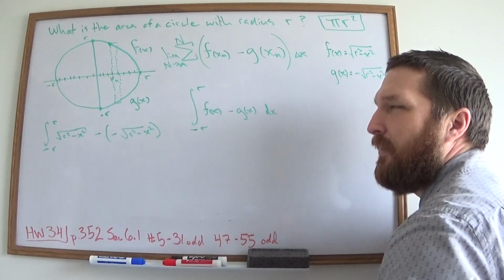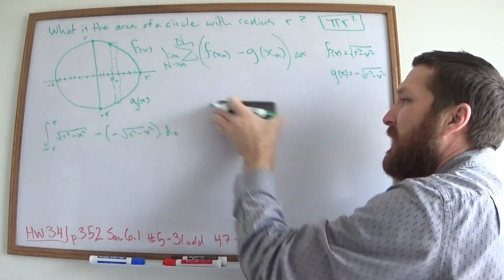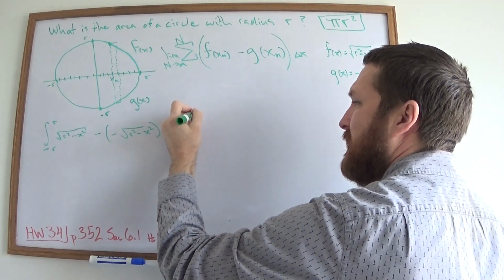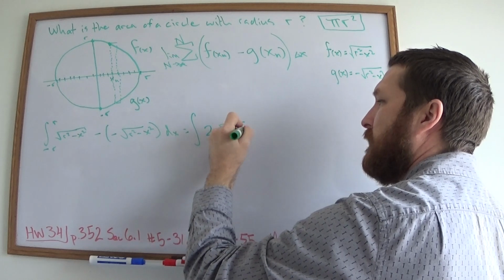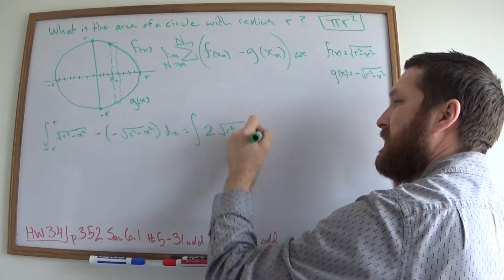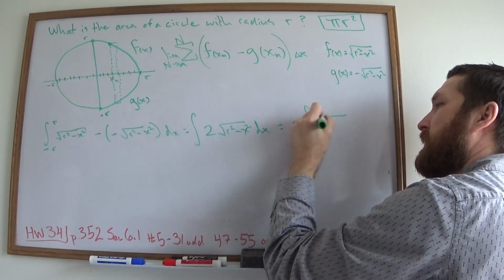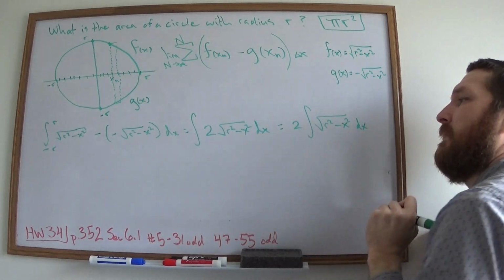So that's plus that, which is the same thing as 2 times the integral of root r squared minus x squared dx, which I'm going to go ahead and pull out the 2 and deal with this guy right now.